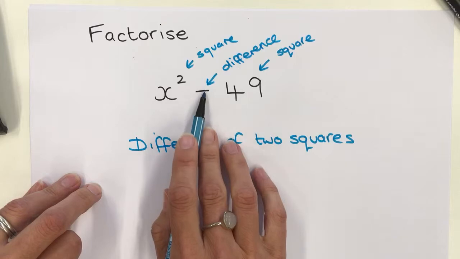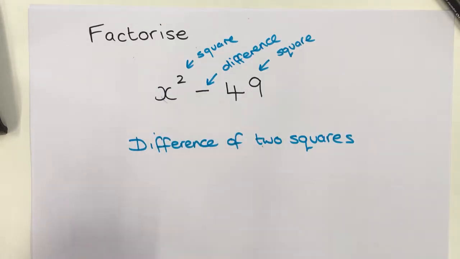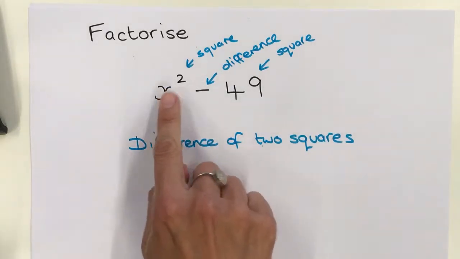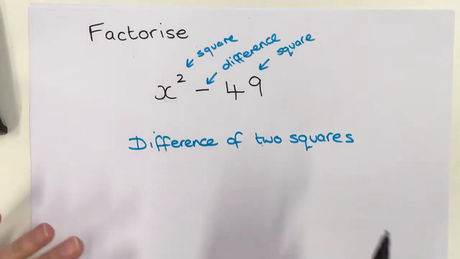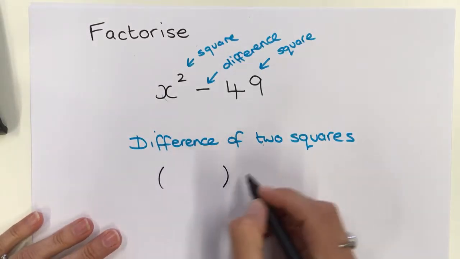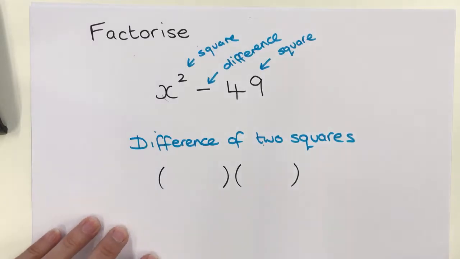So it's the difference of two squares. And when we have that criteria, a square and the subtraction sign in the middle, then we can straight away do our factorization quite simply.